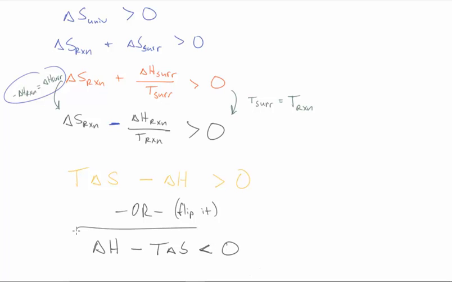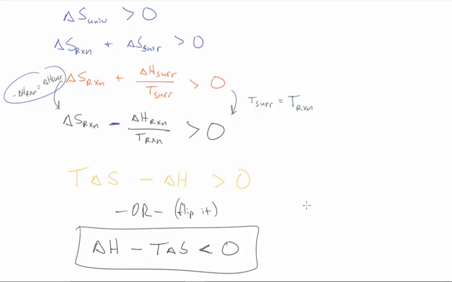If this value is less than 0, we define a process as spontaneous because the enthalpy value has caused an increase in entropy either in the reaction or in the surroundings, and the entropy values themselves have created a situation where the overall entropy change of the universe is a positive value.